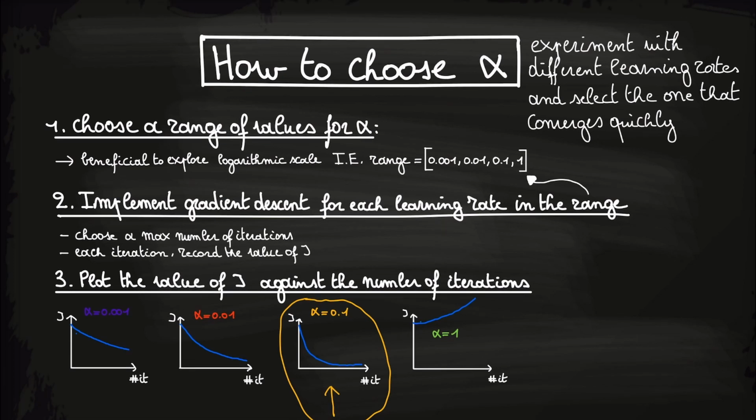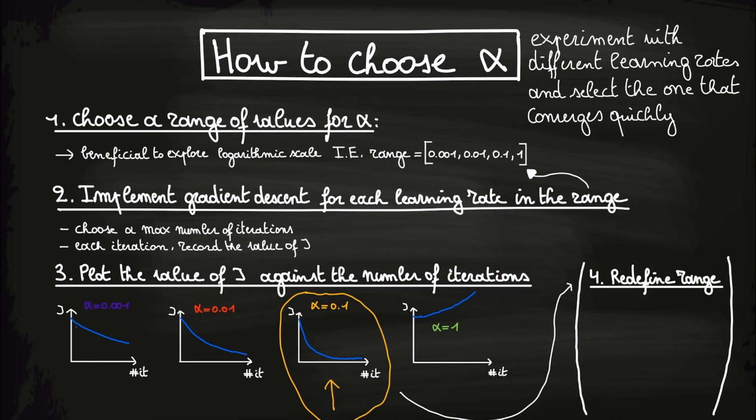Now that we have a general idea that the best learning rate for this specific problem will be around 0.1, we can even go one step further. We can now redefine our range. The idea is to narrow down the range and pinpoint the learning rate that results in the fastest convergence without overshooting or oscillating.